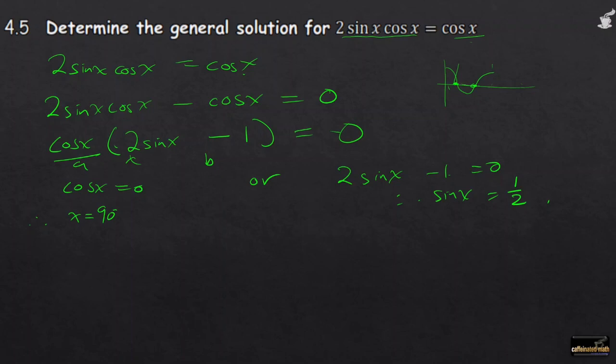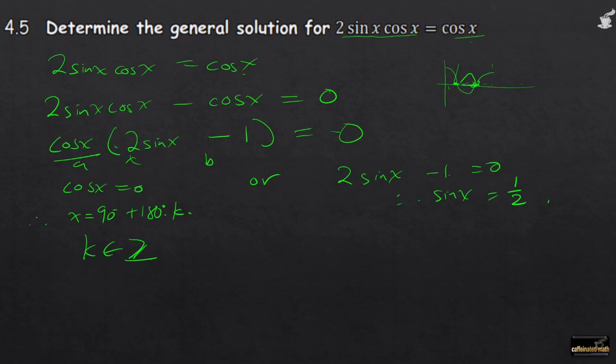The difference from there to there is going to be 180, and that's going to happen every 180 degrees, plus 180 degrees multiplied by k, where k is an element of the integers.